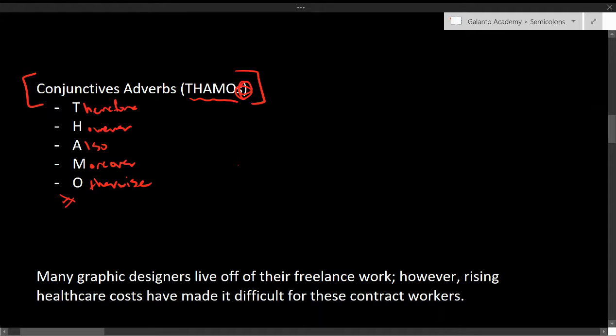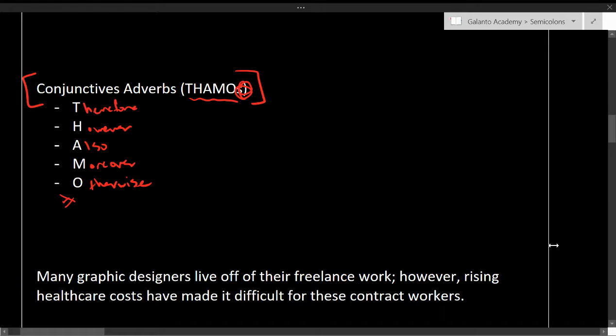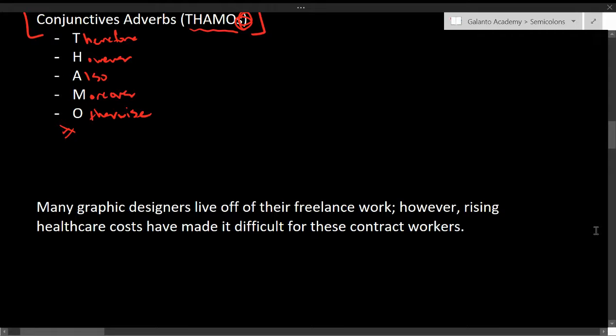A lot of times these are used between two independent clauses joined by a semicolon, which we can see in this sentence right here. Many graphic designers live off of their freelance work; however, rising healthcare costs have made it difficult for these contract workers. Let's double check that this semicolon is being used correctly. Many graphic designers live off of their freelance work.